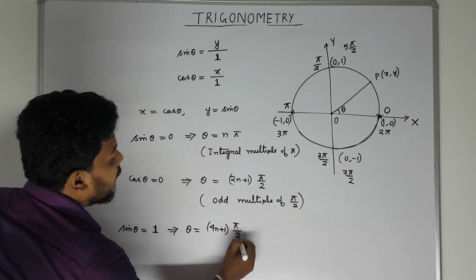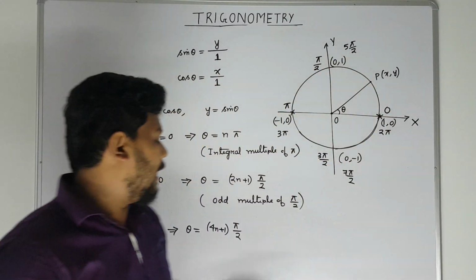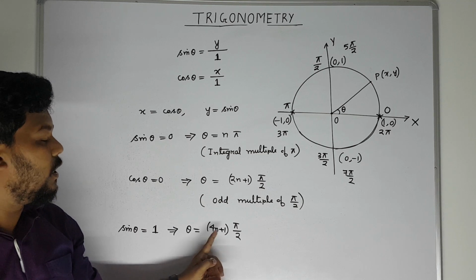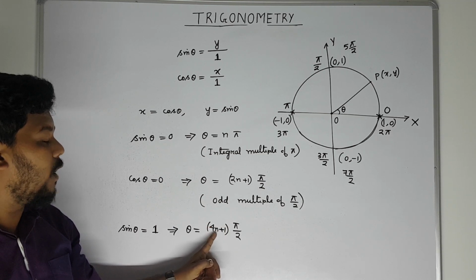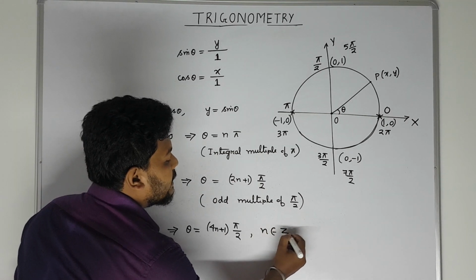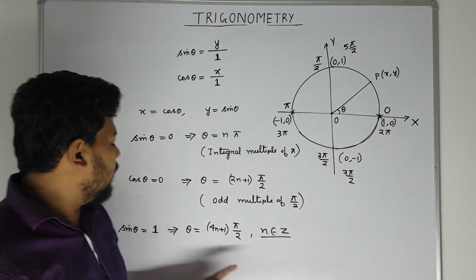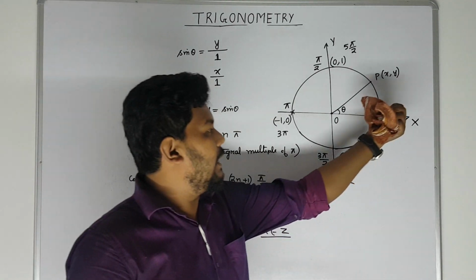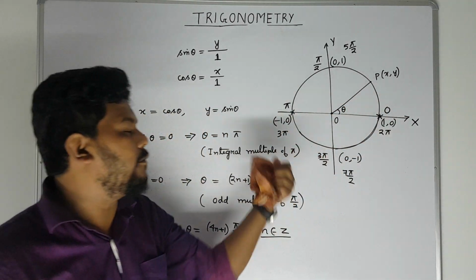I can represent these angles pi by 2, 5 pi by 2 like this. When n is equal to 0, this will represent pi by 2. For n equal to 1, it will represent 4 into 1 plus 1, 5 pi by 2, where n belongs to Z, the integers. If n is negative, then we will calculate the angle in clockwise direction. So the angle will be negative.